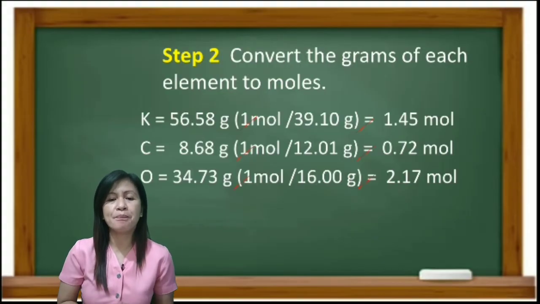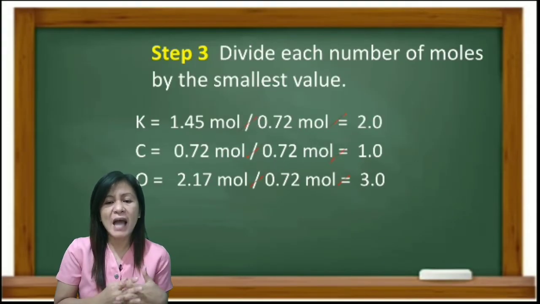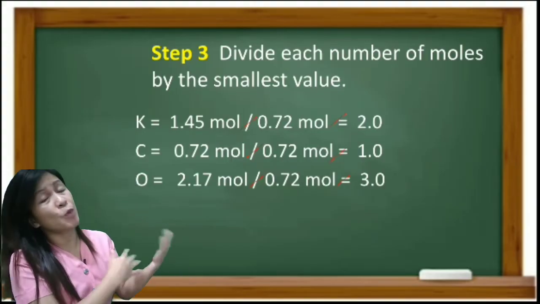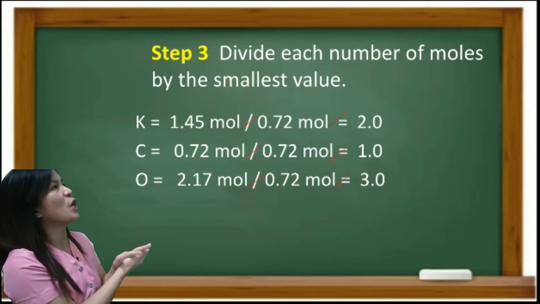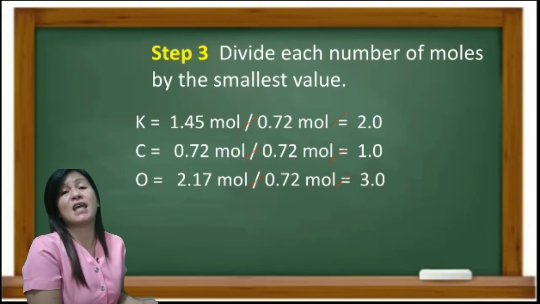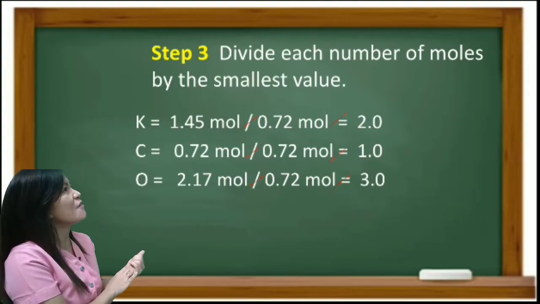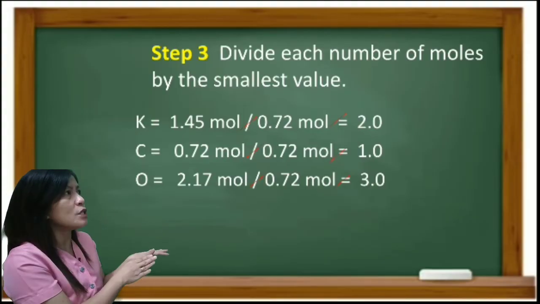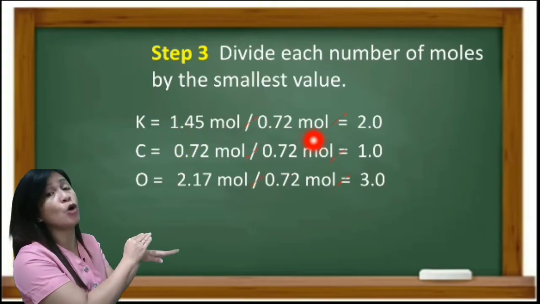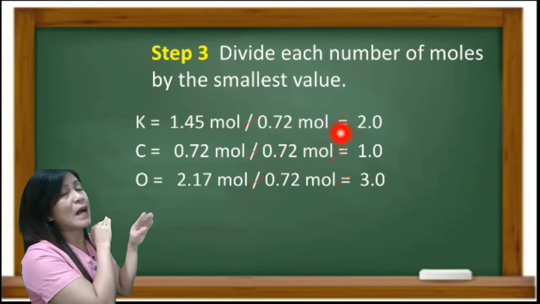In step 3, you will divide each number of moles by the smallest mole, or the smallest value. Among the three, which gives us the smallest number of moles? It's 0.72 moles. So you will divide the number of moles of each element in the compound by that smallest calculated mole.